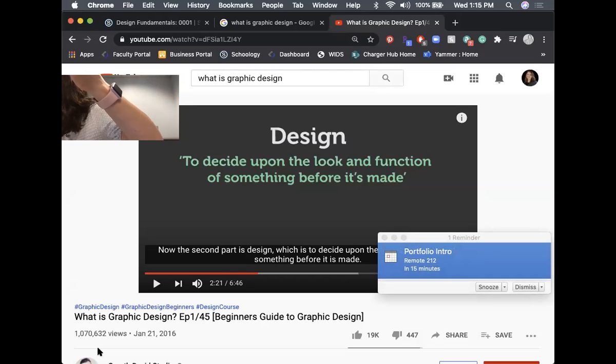So we just read the definition of graphic design. Graphic design is the art of arranging pictographic and typographic elements to create effective communication.